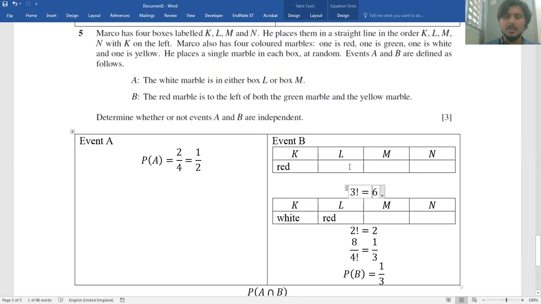Out of these 6, there are some arrangements where the white marble will be in box L or box M. White appears once over here, twice over here, and twice over here. So there will be 4 arrangements.